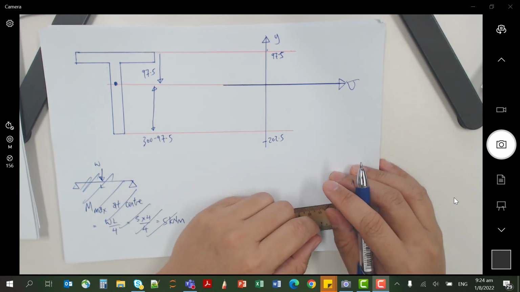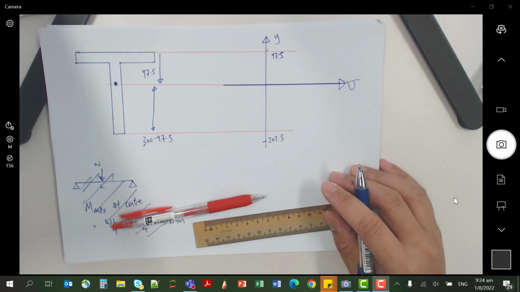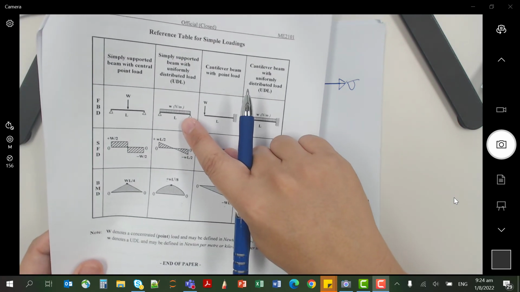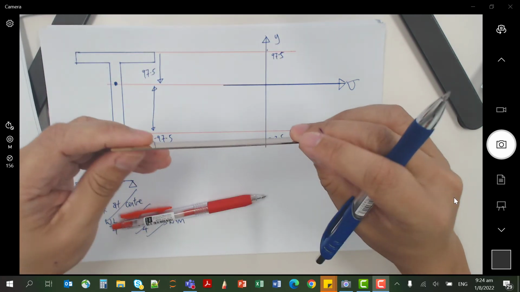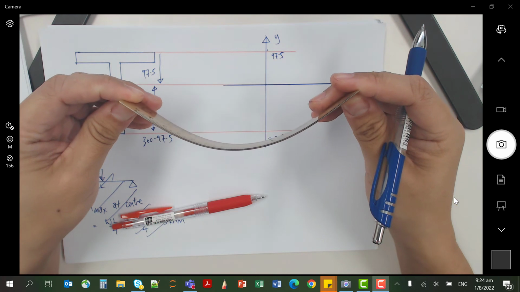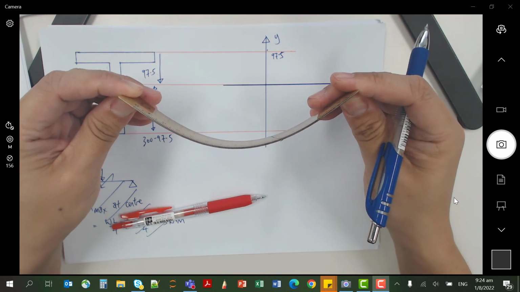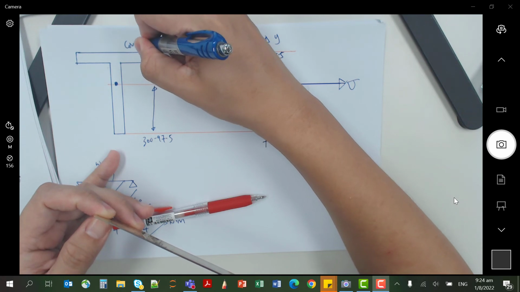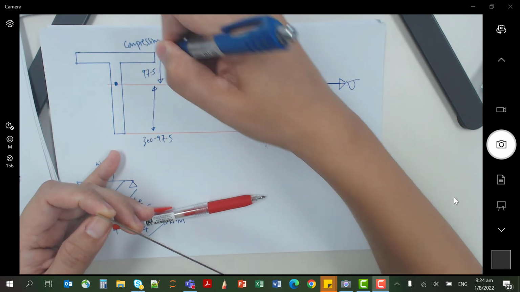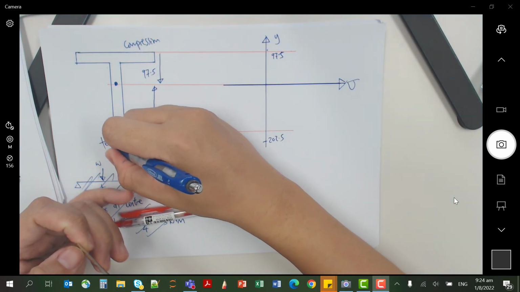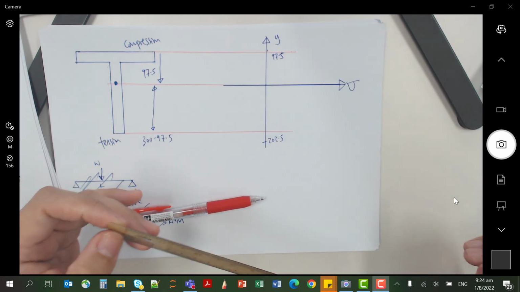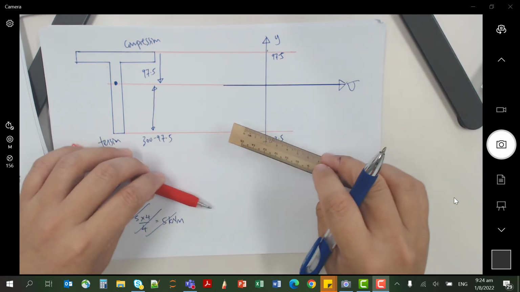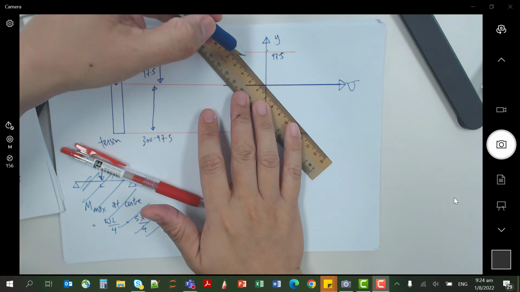Then you know that it's undergoing a UDL, so the beam is going to bend this way. Once it bends this way, the top is having compression and the bottom is having tension. So we can safely plot the stress line like this.